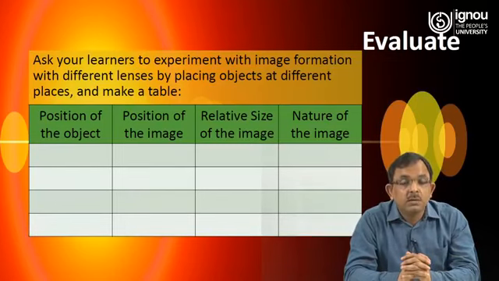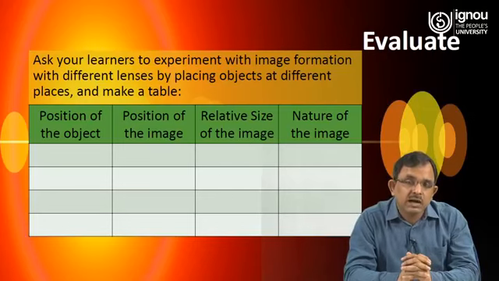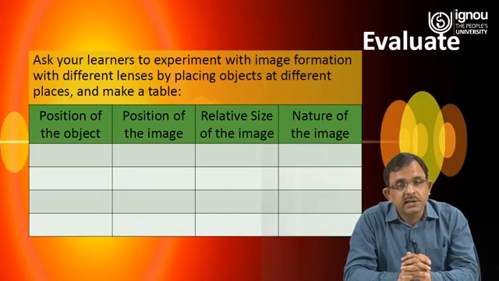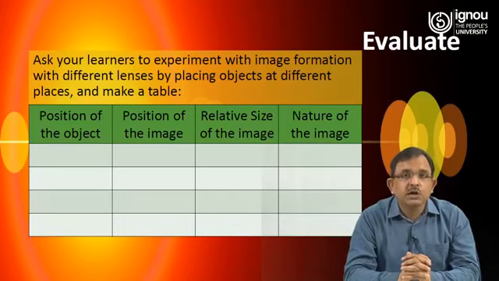If they will not be able to experience it, if they will not be able to experiment on their own, they will always make mistakes. Either you ask them to draw a ray diagram or you ask them to tell you any example from their daily life, because we need to connect to life, we need to connect experiential learning when we are talking about teaching and learning in science.